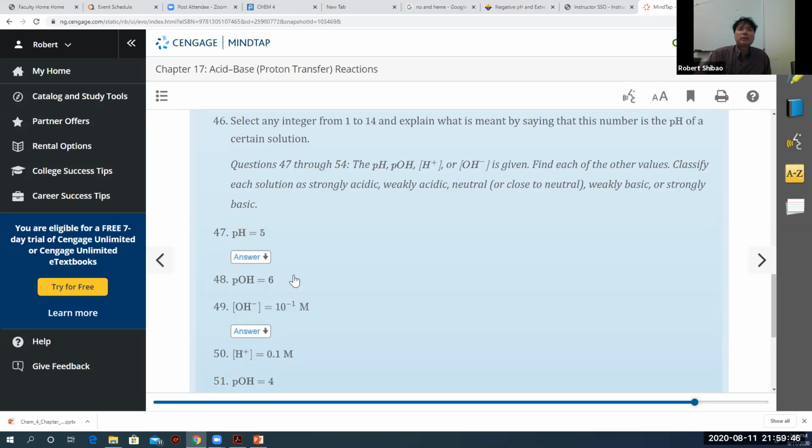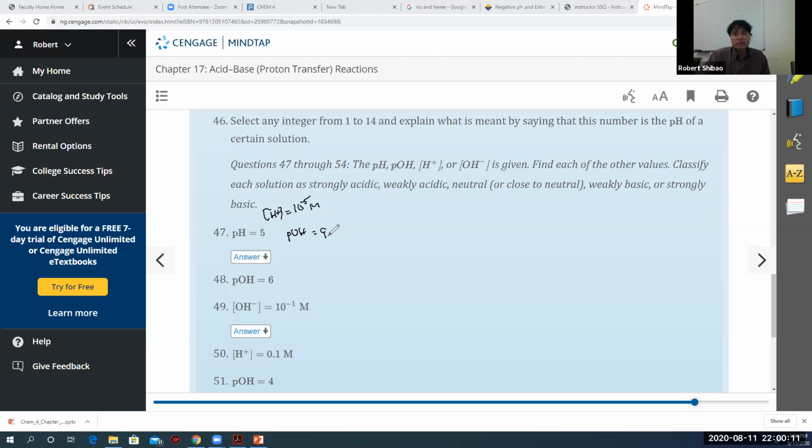Okay, so if the pH is 5, the first thing I'd do is find the pOH. The pH plus the pOH has got to equal 14, so the pOH is 9. If the pH is 5, then the H plus concentration is equal to 10 to the minus 5 molar.